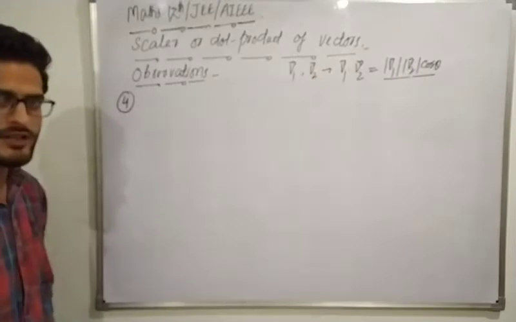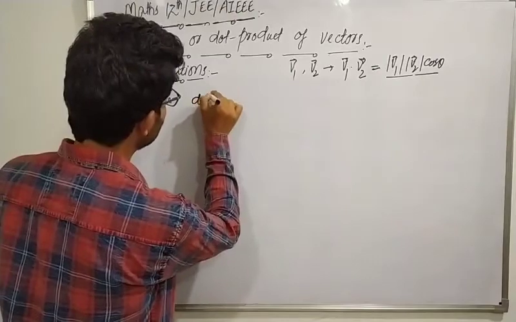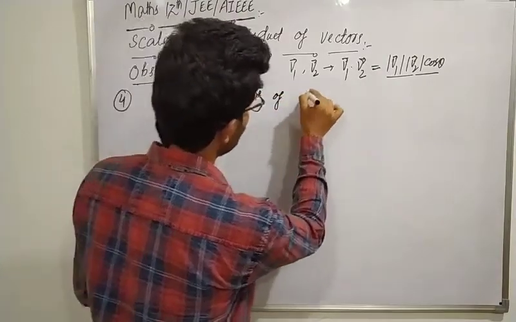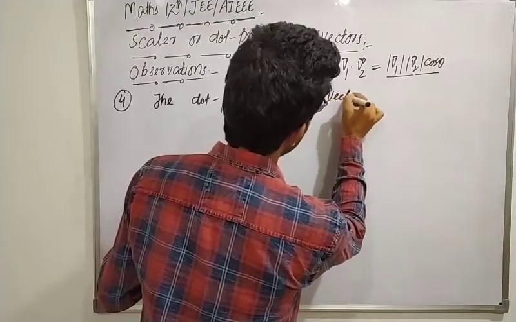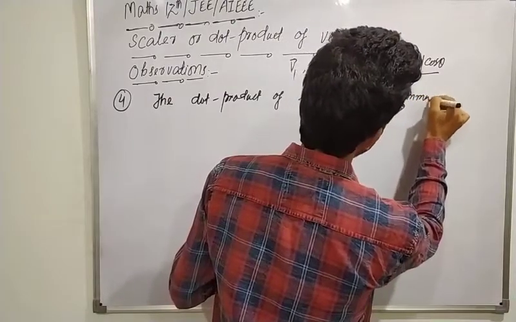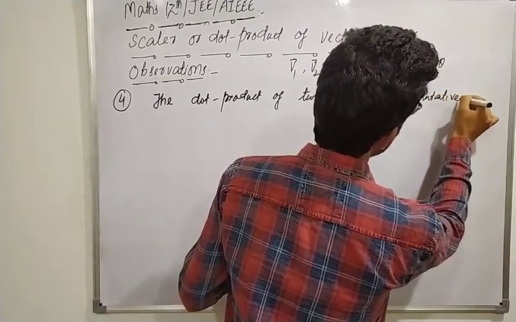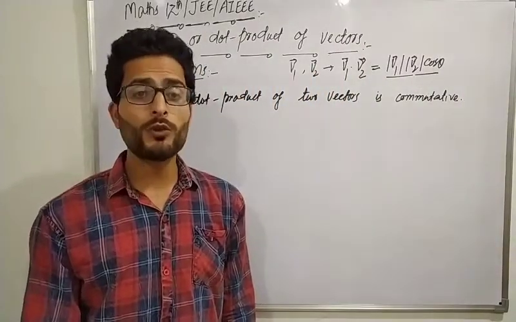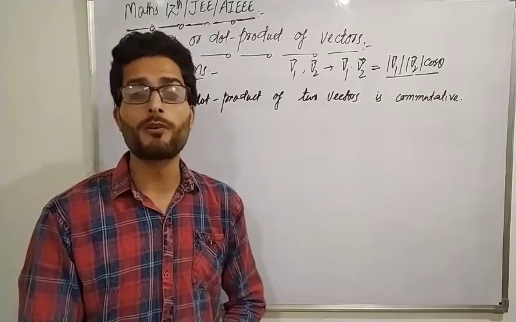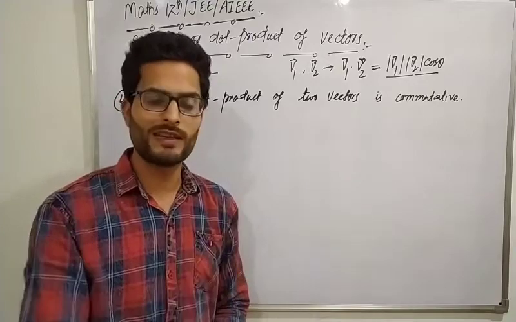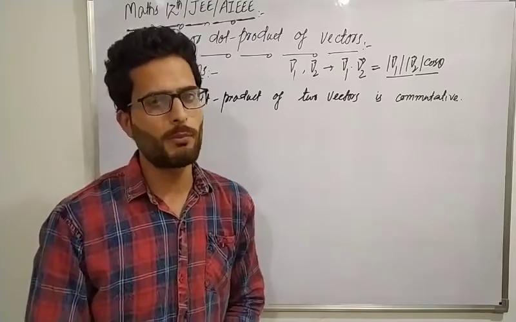Observation 4 states that the dot product of two vectors is commutative. दो वेक्टर्स का डॉट प्रोडक्ट जो है वो हमेशा होता है commutative. Commutative means if v1 and v2 are two proper vectors, then v1 dot v2 must be equal to v2 dot v1. They are commuting their places under the operation of dot product.